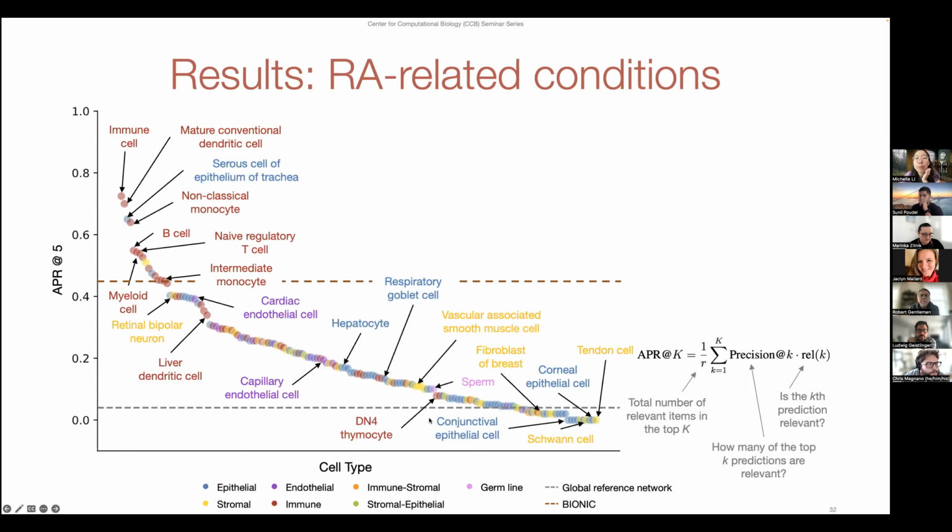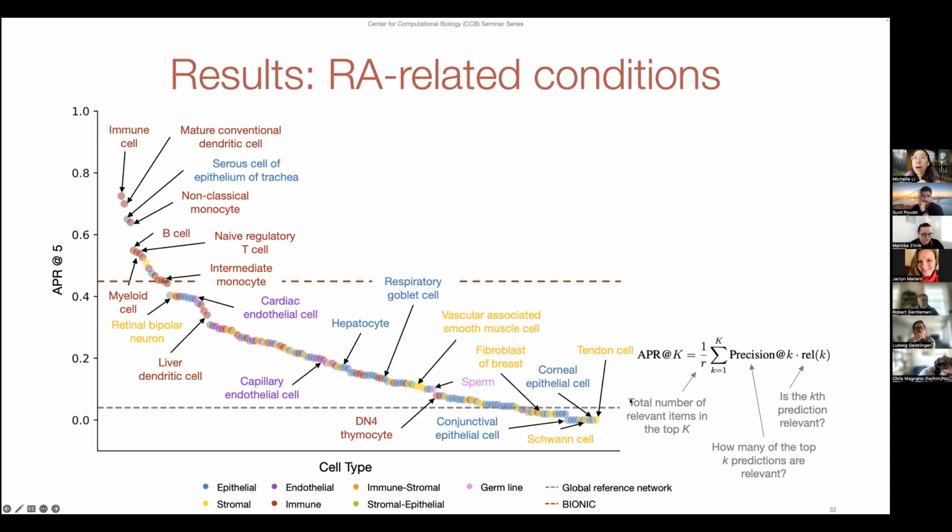And so here's our model performance for rheumatoid arthritis-related conditions using our metric, average precision recall at 5. And so each dot here is representing a single cell type context. And the gray dotted line is training a standard graph attention neural network on the global reference protein interaction network. And the brown dotted line is training a state-of-the-art convolutional neural network for integrating data modalities called Bionic.